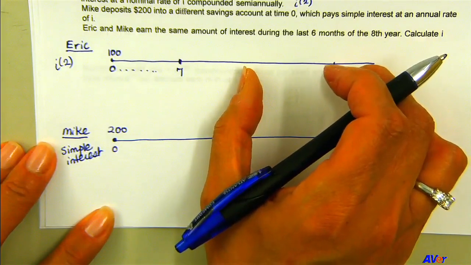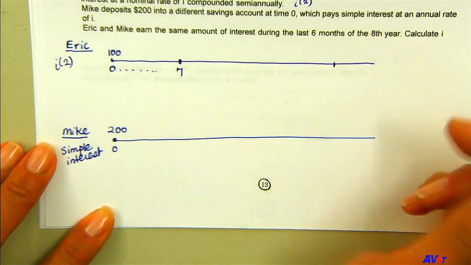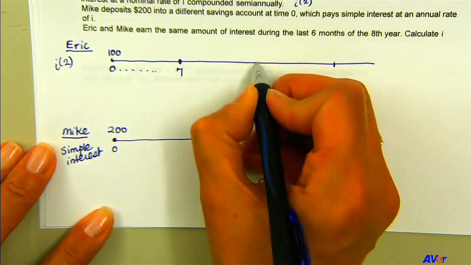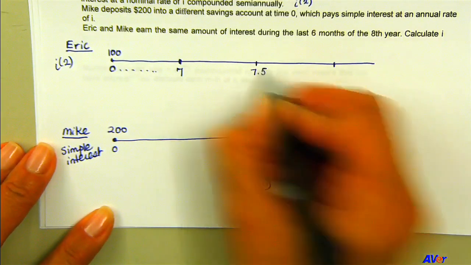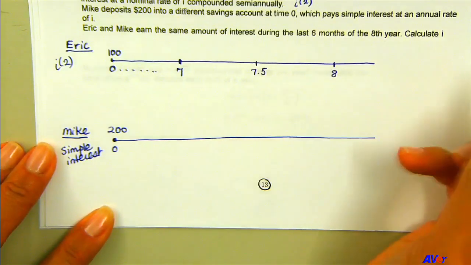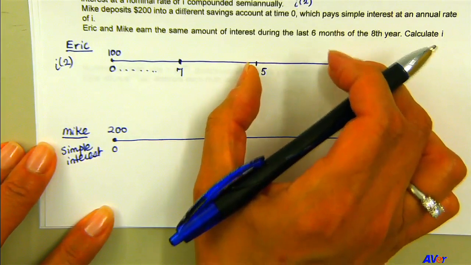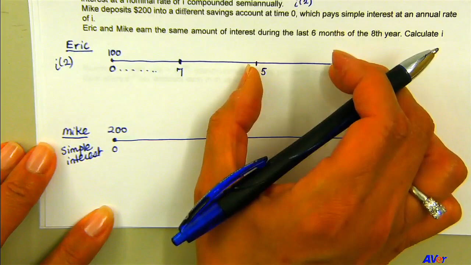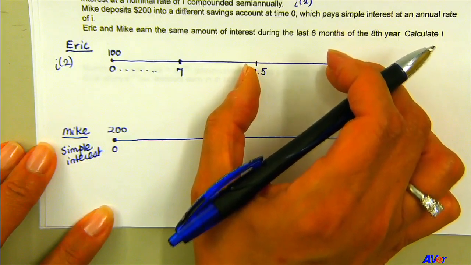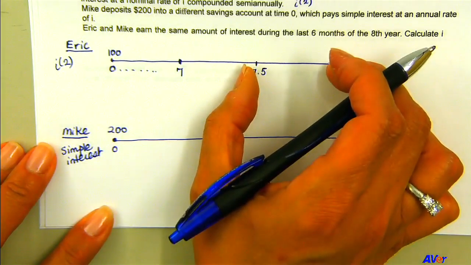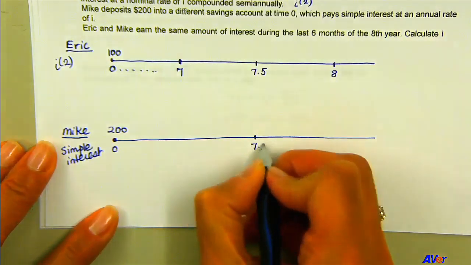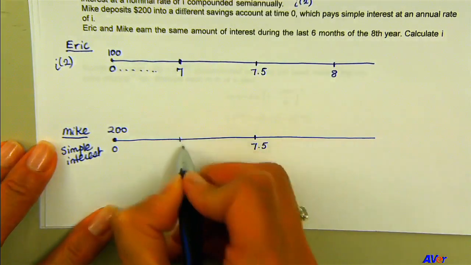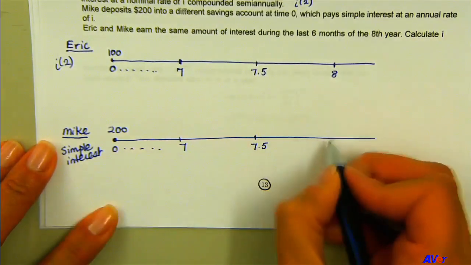So the 8th year is the period between time 7 and time 8. And the last 6 months is the period between time 7.5 and time 8. So I'm interested in how much interest is earned in this half-year period between time 7.5 and time 8. And the same thing here, between time 7.5 and time 8.